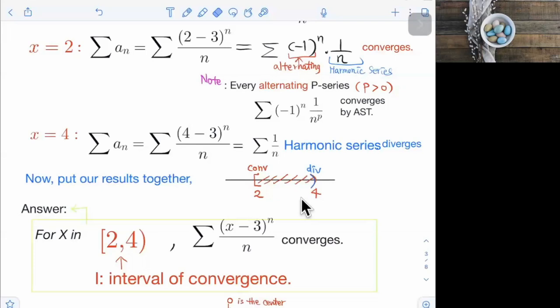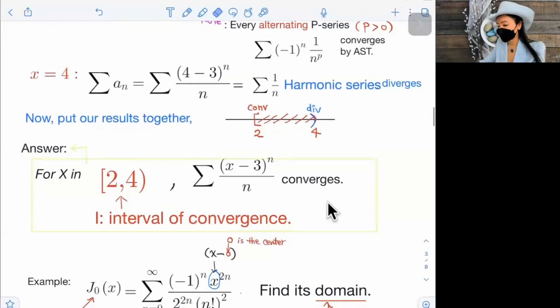And then we get an interval answer. Now over here, you write the answer. So for x in this interval, including 2 and excluding 4, that power series converges. This interval here, we call that the interval of convergence.